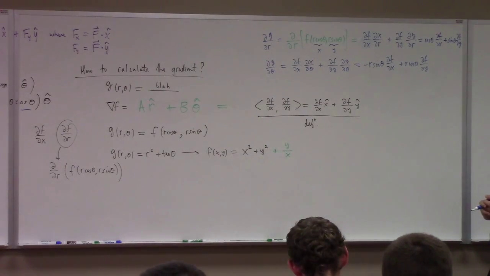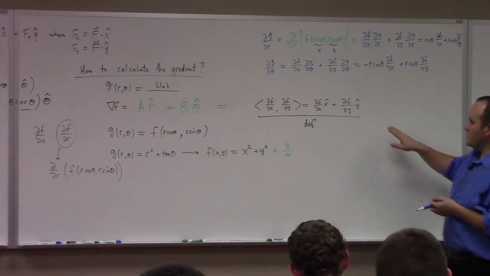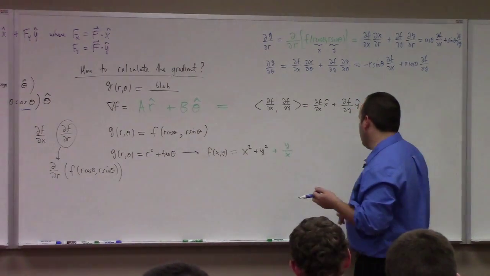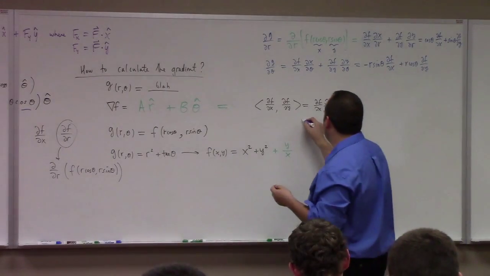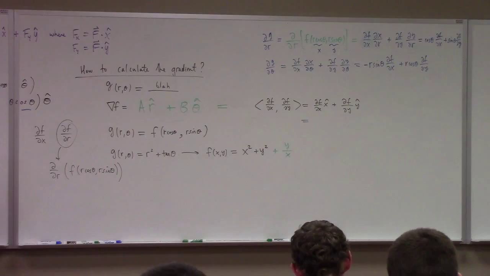Well, there are a couple different ways I could go. But what I'm going to do is work on it right here. I'm just going to take a leap of faith and see what happens if I put in what we found for x hat and for y hat into the definition.